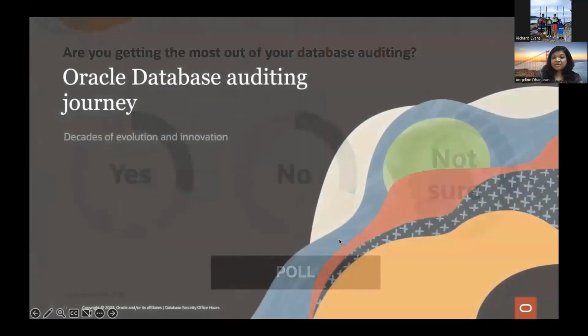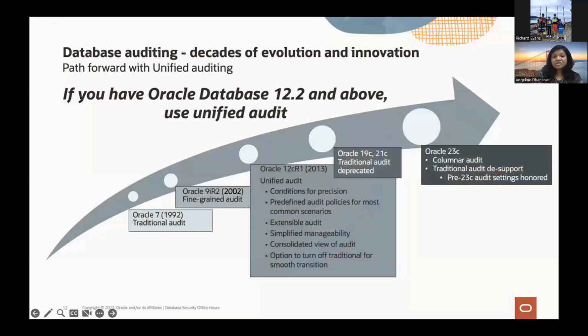Okay, so let me now take you through our journey of how Oracle Database has evolved in its auditing strategy. As all of you know, in Oracle 7 we introduced traditional audit, a very small setup where we can audit statements, objects, and all privileges used.